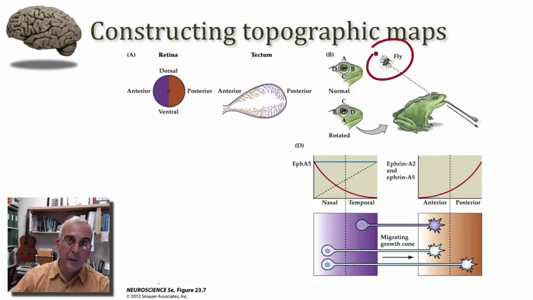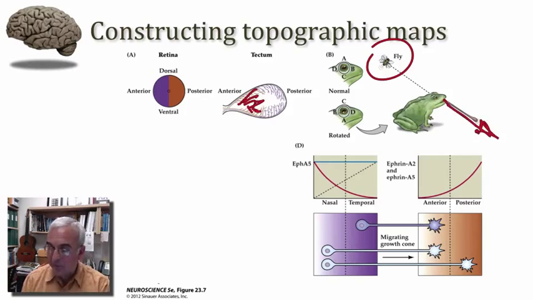So now what should be the temporal part of the visual field is being seen by the temporal part of the retina following rotation. Well, that part of the retina is going to innervate and project into this anterior part of the tectum, which is going to be responsible for inducing this reflexive motor action down into the right, which is now exactly 180 degrees off of where the appropriate strike should have been to acquire the target.